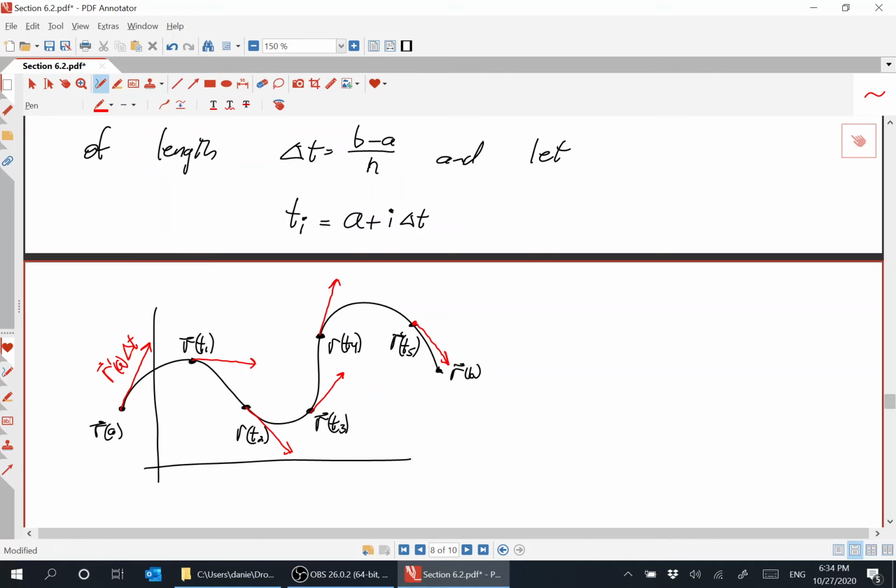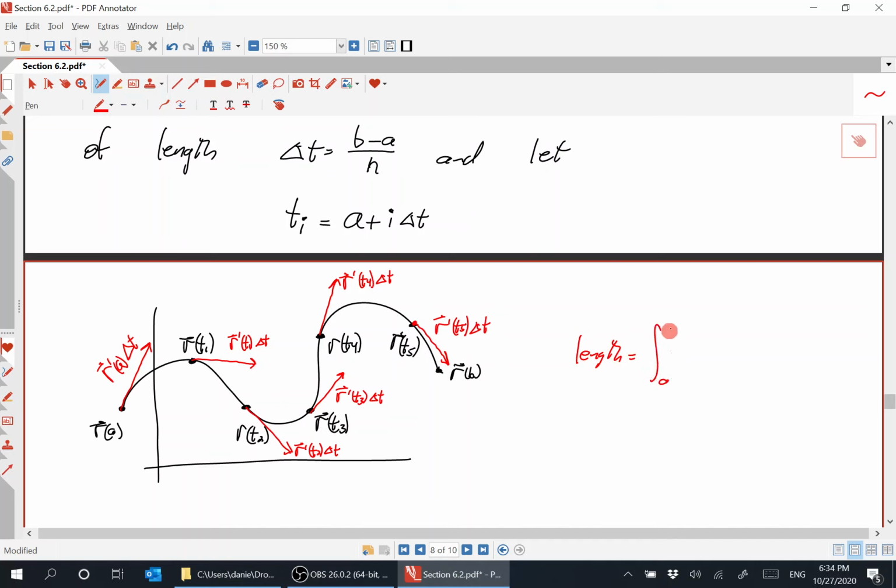It's r prime of a scaled by delta t. r prime of t1 delta t, r prime of t2 delta t, r prime of t3 delta t, r prime of t4 delta t, and r prime of t5 delta t.